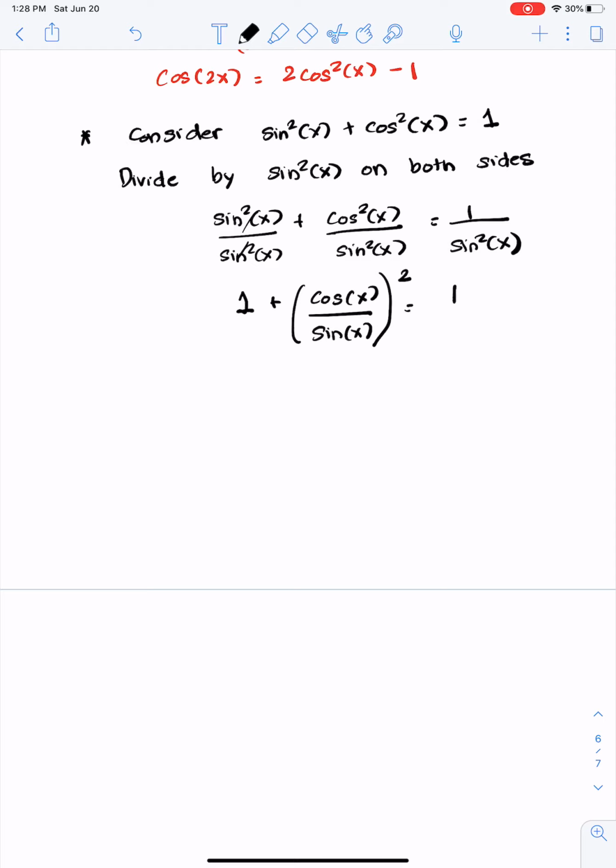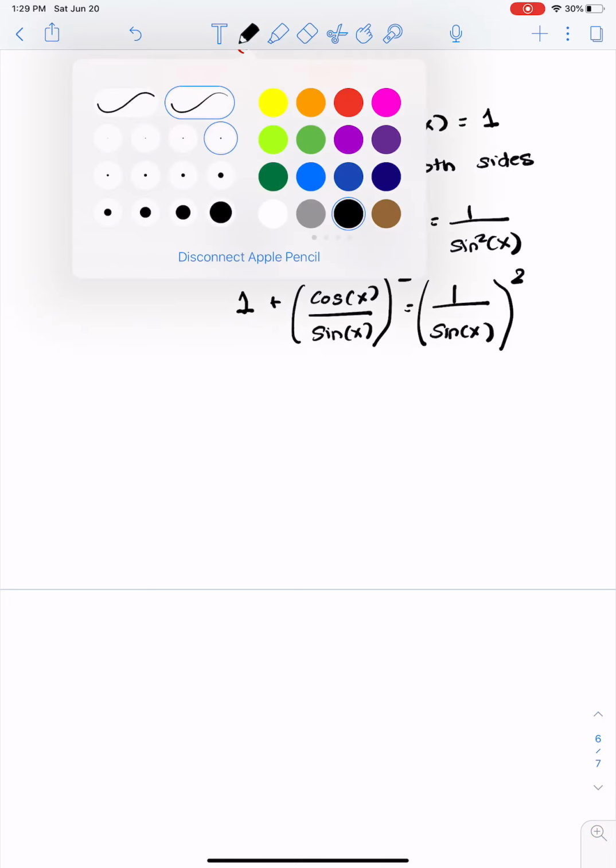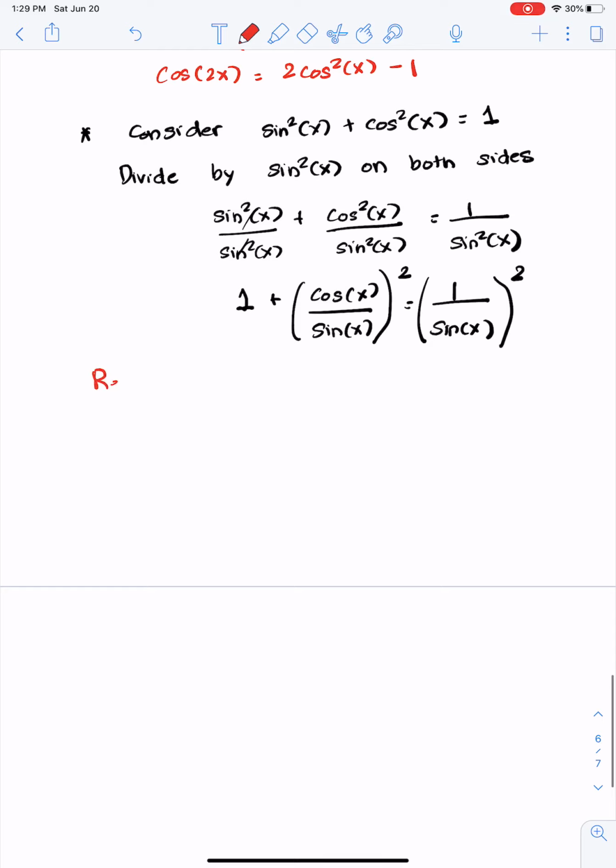And on the right hand side, I could write it as one over sine x, squared. So this is a good place to notice something. Sine squared x is sine of x raised to the second power. Same applies for any trigonometric function, may it be cosine, secant, tangent, cotangent.